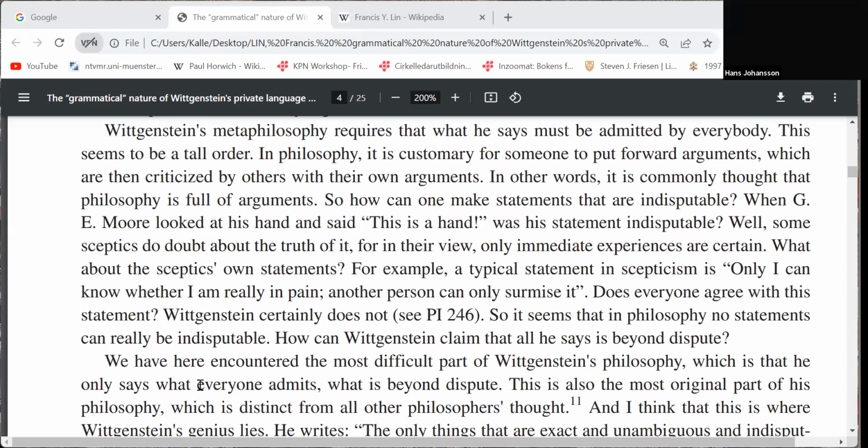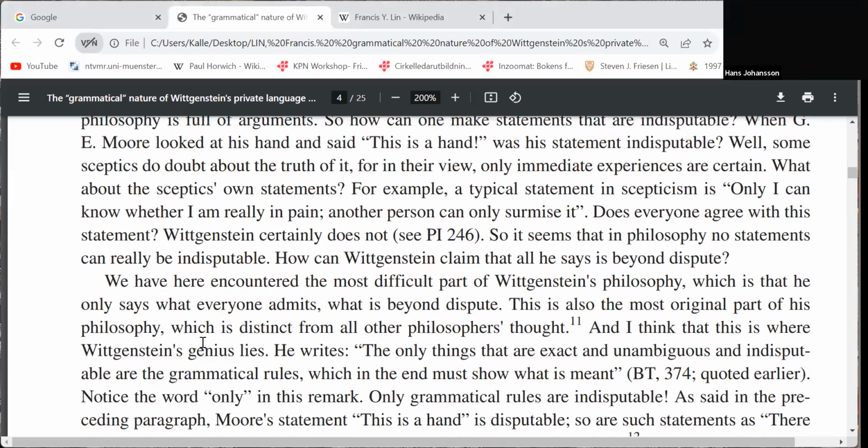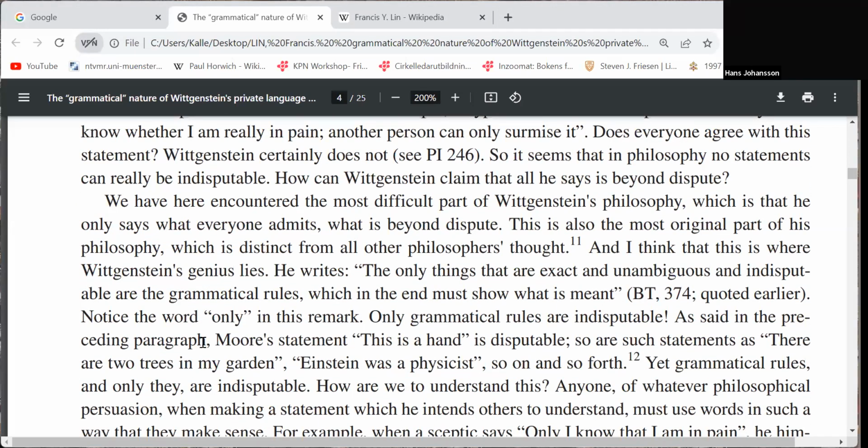So it seems that in philosophy, no statements can really be indisputable. How can Wittgenstein claim that all he says is beyond dispute? We have here encountered the most difficult part of Wittgenstein's philosophy, which is that he only says what everyone admits, what is beyond dispute.